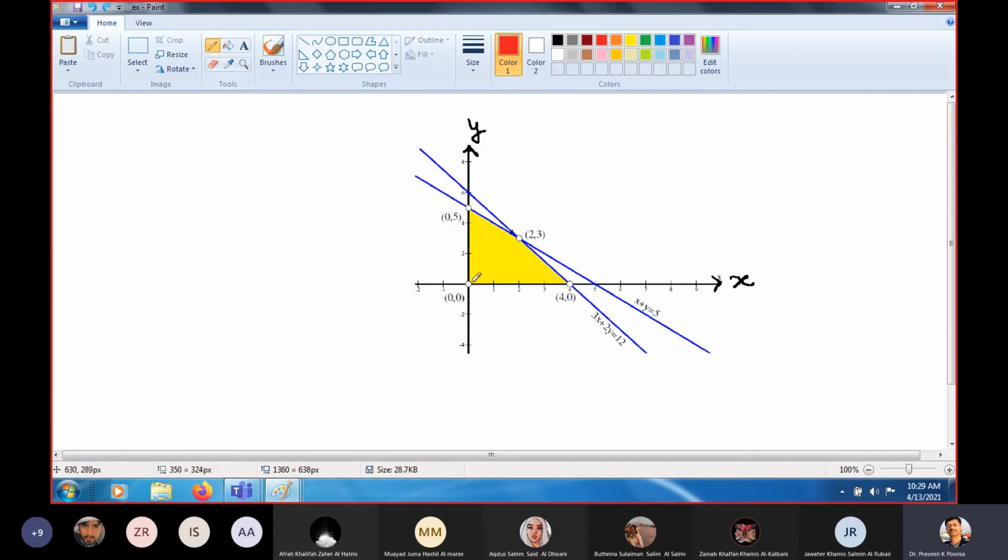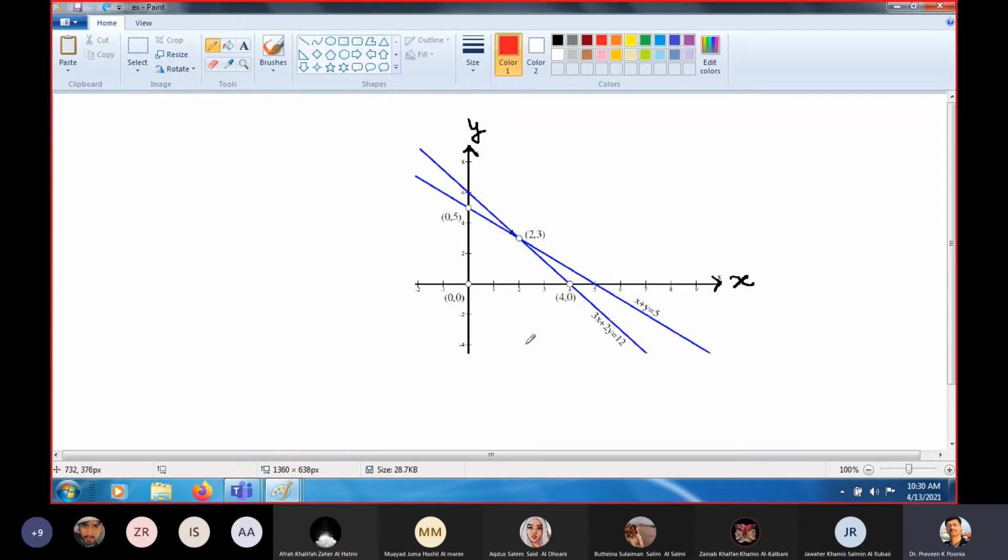Now what is method number 2? Find the corners, 1, 2, 3, 4. These are 4 corners. Find the value of z. Make a table with vertex and z value. Make the table and find the value of z at these 4 corners. Search for the maximum value, search for the minimum value.